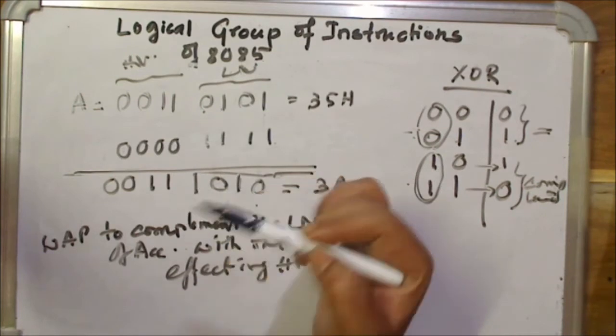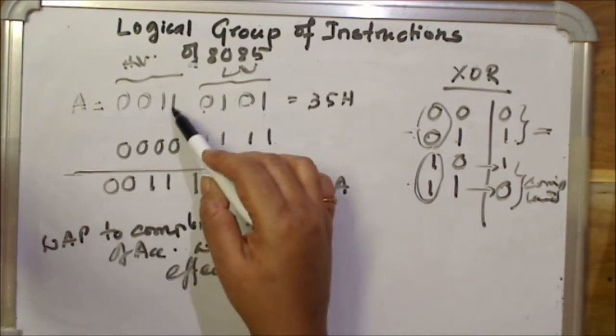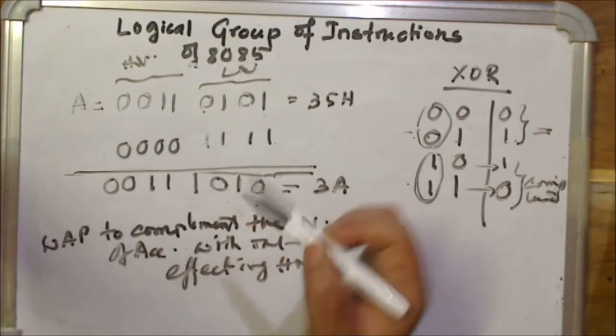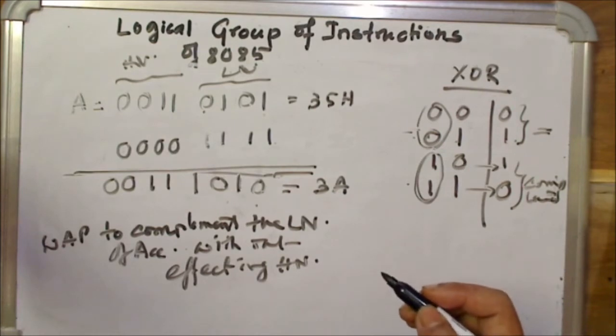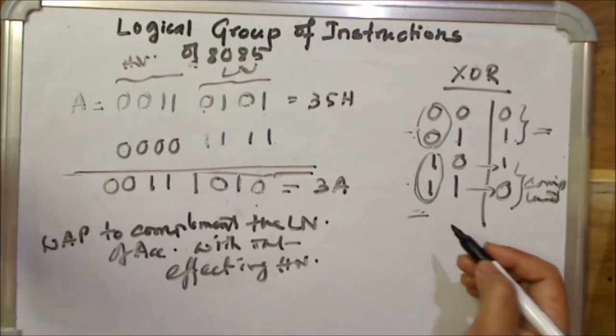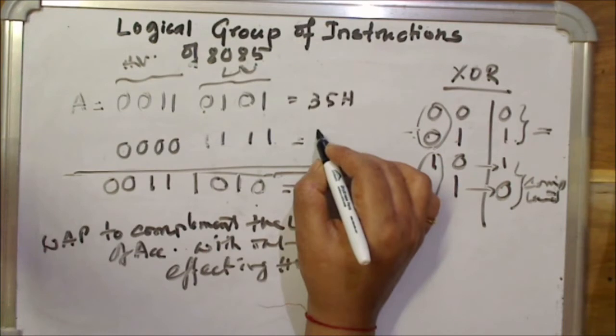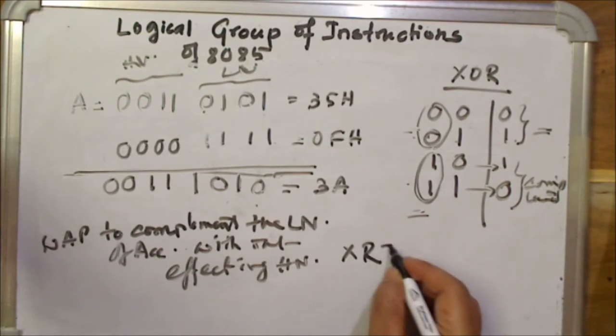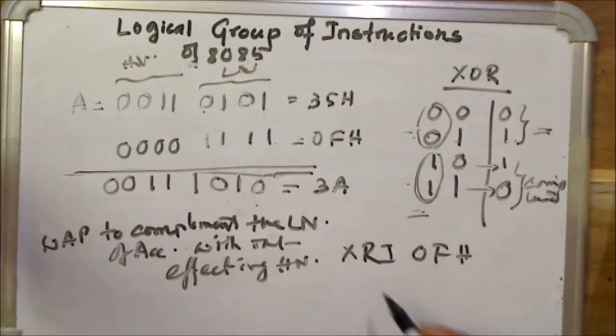So if you want any bit to be complemented, you have to XOR that bit or nibble with 1. Clear? So the operand is 0FH, and your instruction is XRI 0FH. That means XOR immediate 0FH with the operand stored in the accumulator. Understood?